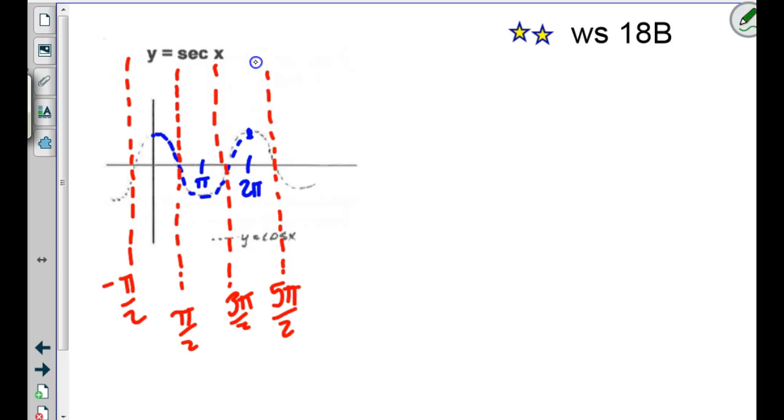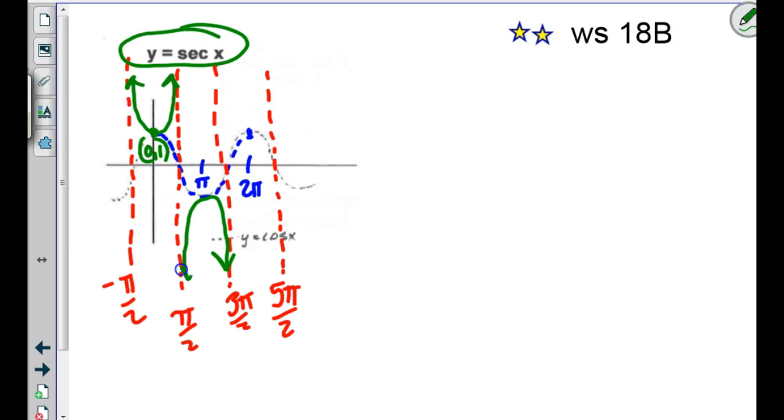So then the actual secant graph, I'm going to graph in green, would be this one. It would have a minimum here. The green has a minimum at 0, 1. Down here, this branch would flip this way. So this little piece between here and here has a maximum at pi, -1.